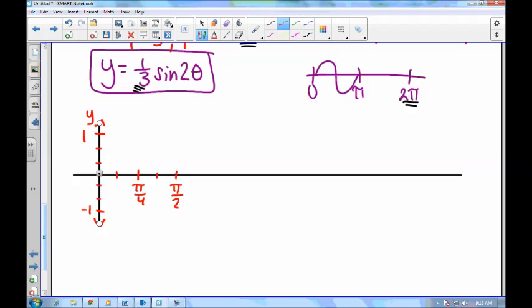Pi fourths, pi halves, 3 pi fourths, pi, 5 pi fourths, 3 pi halves, 7 pi fourths, and finally 2 pi. With arrows, you need to label this axis as theta.